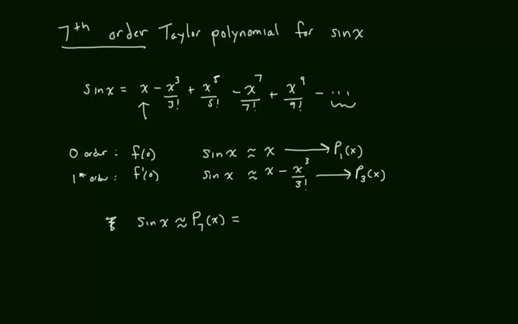It's the 7th order, so it's going to equal x minus x cubed over 3 factorial plus x to the 5th over 5 factorial minus x to the 7th over 7 factorial, the end, no dot dot dot, no plus anything else. That's a 7th order polynomial.